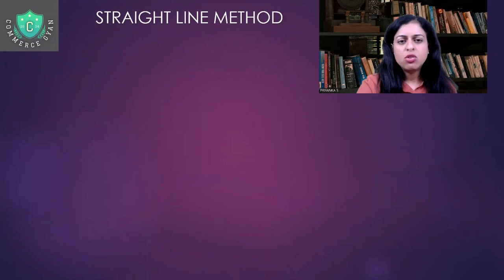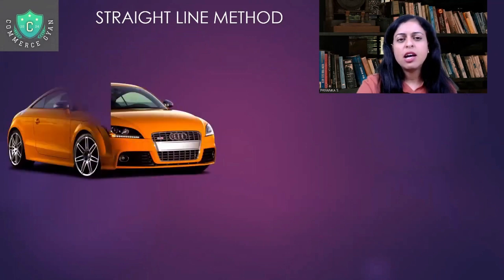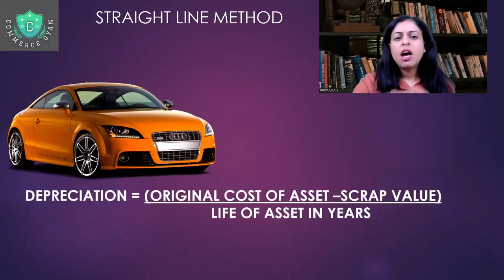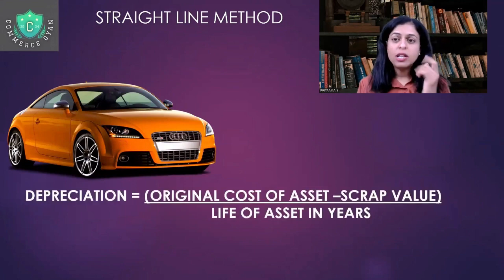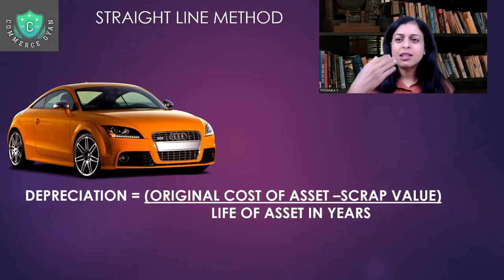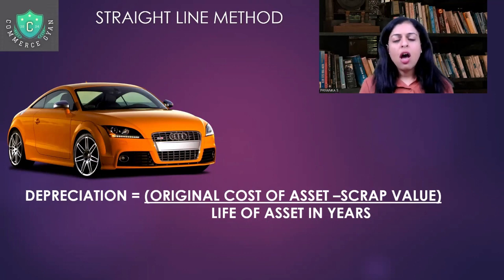Straight line method. Let's understand it with an example again. We have a car, and for this car, how do I calculate the depreciation of this asset? We take the original value of that asset minus the scrap value. What was the scrap value? The terminal value. So if this car is used for maybe 10, 15 years, the entire life of that car, and it is scrapped, how much can it give you?